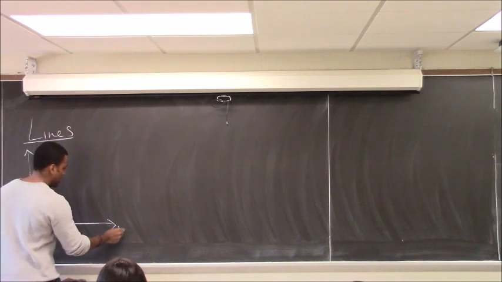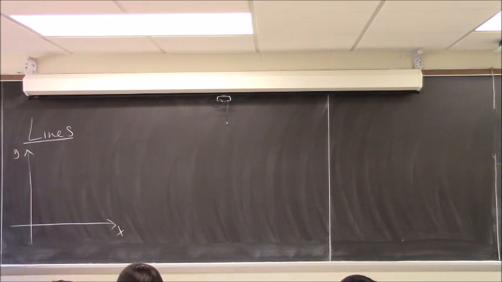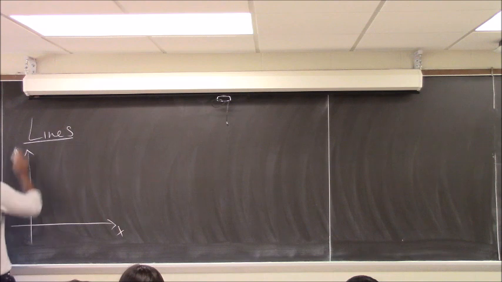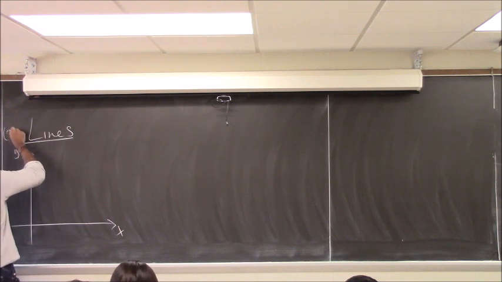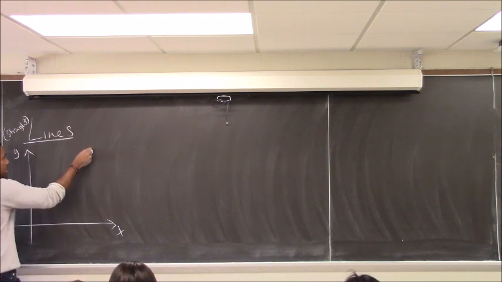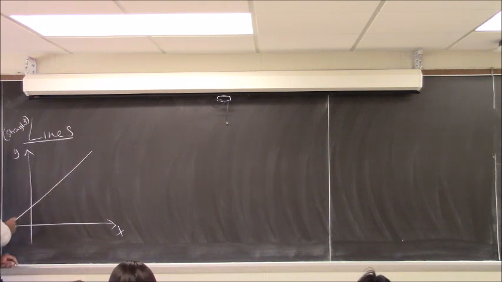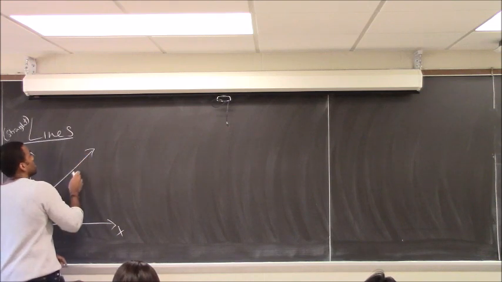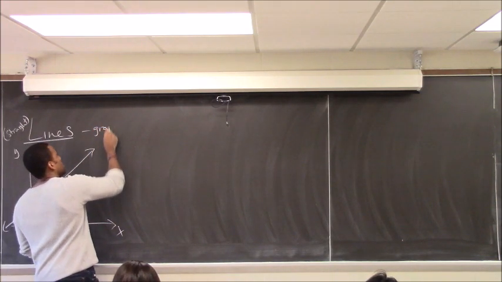So, the line, it's of course a straight line. This is just something that has, we claim, constant steepness. This is a graph with constant steepness.